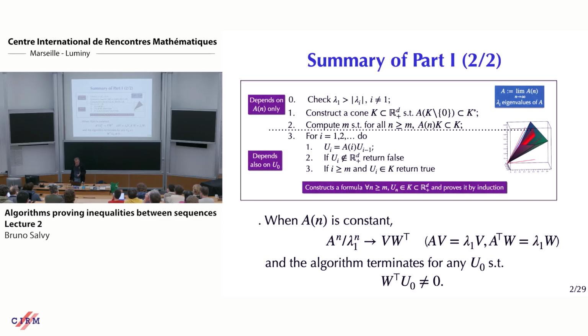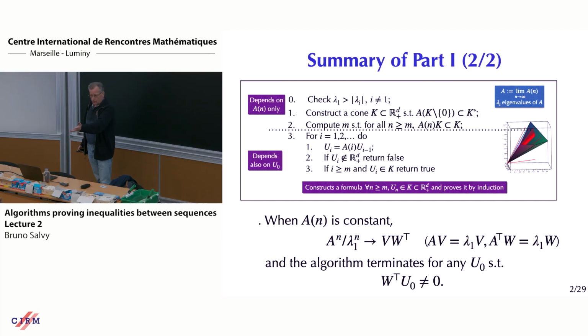So what makes the algorithm terminate, in general? What I've shown now is that when A is constant, the algorithm terminates if you're not in this hyperplane. To make it work in general for a non-constant matrix, we need an analog of this power method.